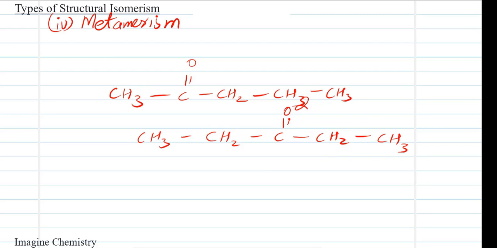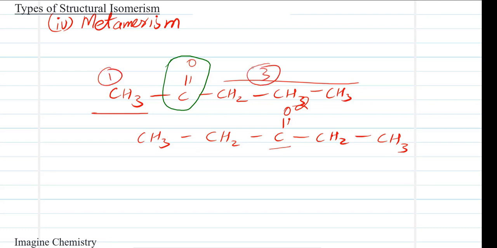So here, the difference is the arrangement of carbon atoms around a central atom, which is the carbonyl in this case. In the first structure, there is one carbon on one side and 3 carbons on the other. However, in the second structure, there are 2 carbons on each side.